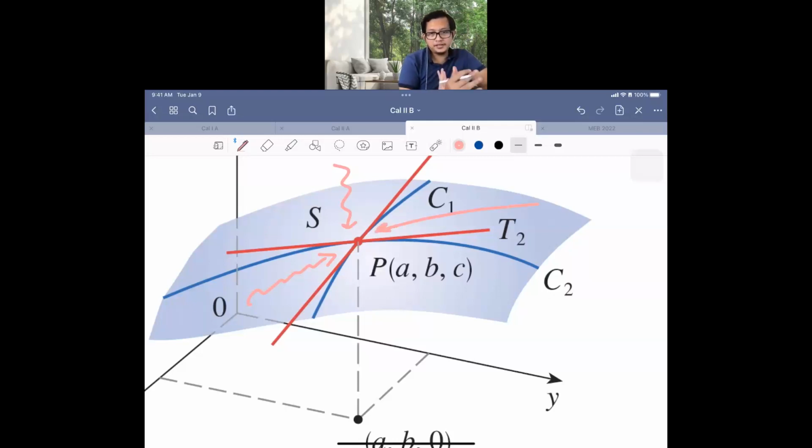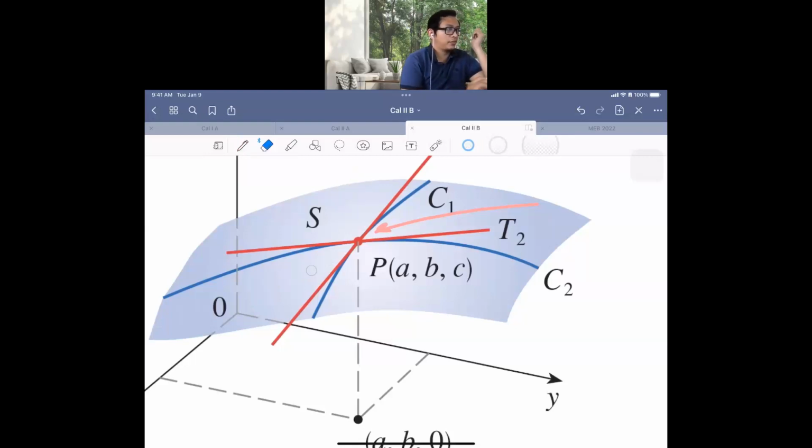But then, to make it more concise and precise and to be adjusted in structured models, we are going to have curve 1 and curve 2 as our paths to approach this point. So we approach P with C1 and another curve C2. Okay. So I hope you get my point of view from here.